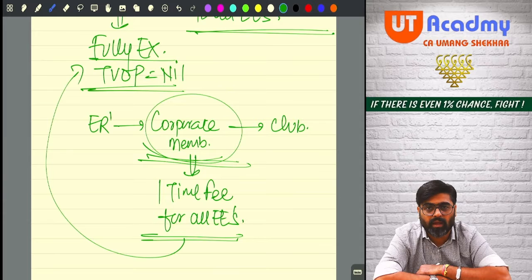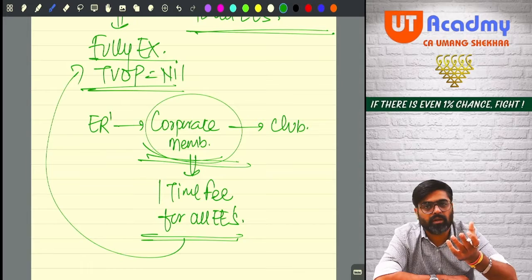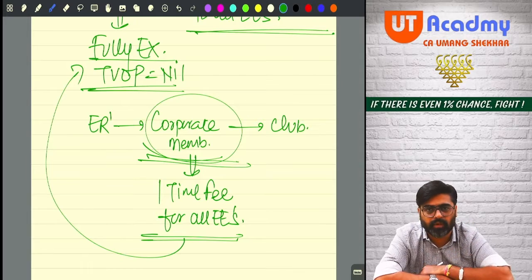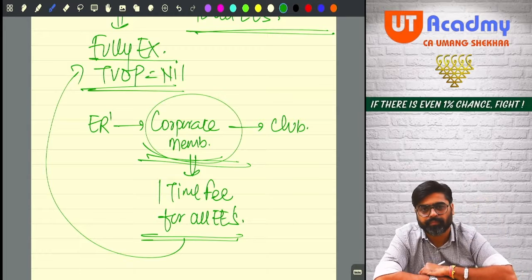And it is next to impossible to know that out of the amount spent by the employer for the employees, how much benefit is happening to which employee. To determine that amount, it is not possible. Hence, the benefit, even if it is a personal benefit, is fully exempt. Got it? Sure, sir. Shall I move ahead?